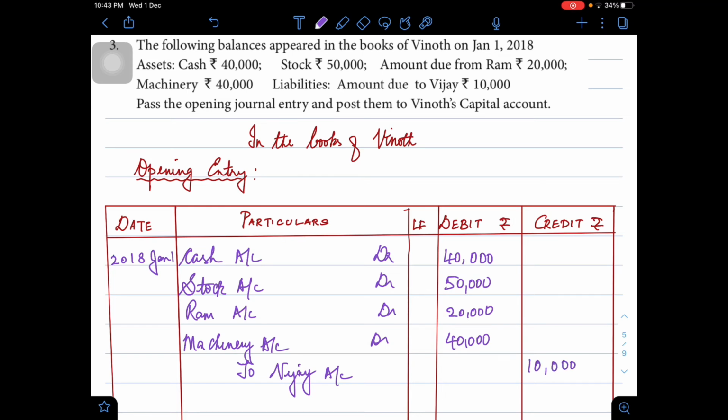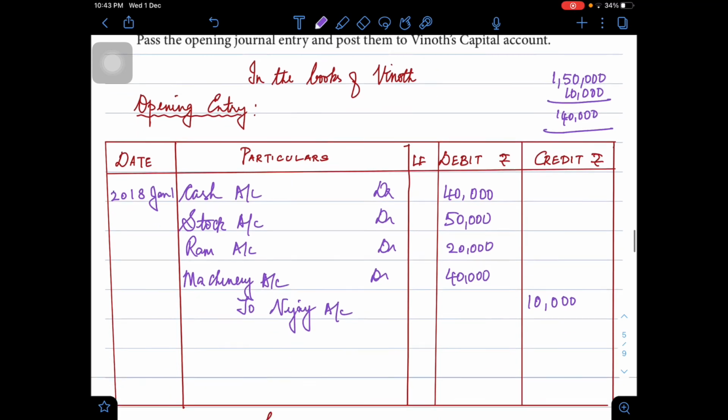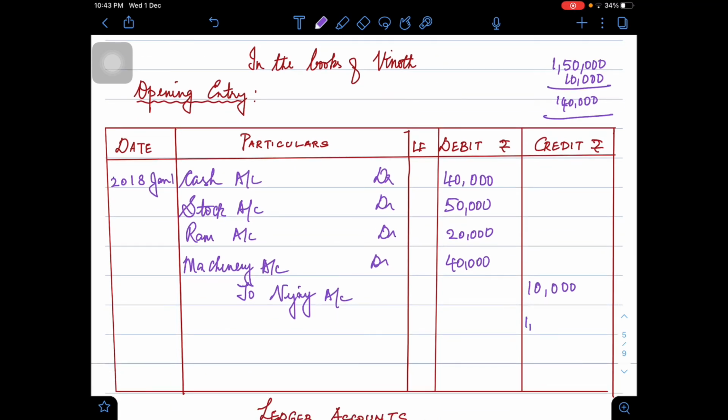If you see, the total of debit should be equal to credit, no? But total of debit is 1,50,000, whereas credit is only 10,000. So you are getting a difference of 1,40,000. So I am just writing this difference, 1,40,000. What is this? Nothing but, who is the owner?